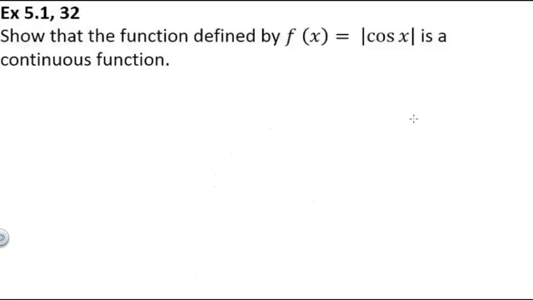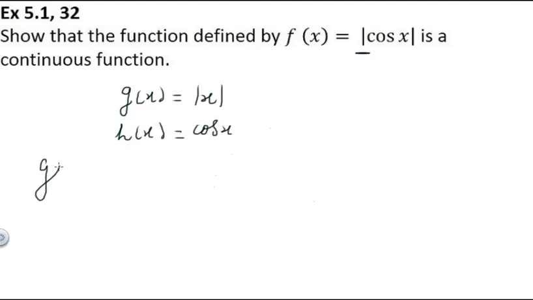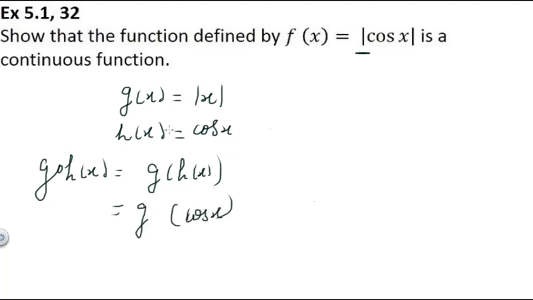This is the next question. Here you see we have been given the mod function. So the first function we will consider as mod of x, g of x, and the second function, as we see, is cos, h of x. Now find g of h of x and see whether this function is formed or not. h of x means cos x, so when inside g it was x, now cos x will come inside the modulus.